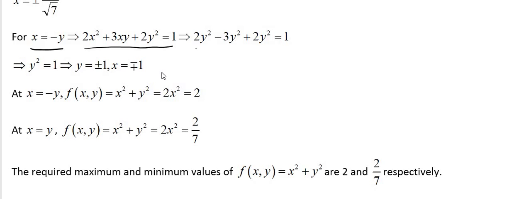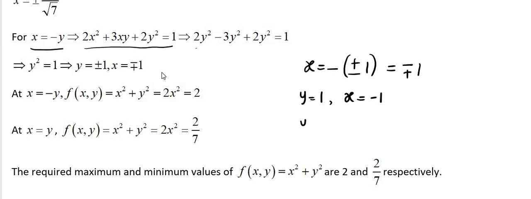RHS as it is, so y = ±1. Now I know the value of y. Substitute here x = −(±1), that means minus into plus is minus, minus into minus is plus. That means x = ∓1. So whenever y = 1, x = −1, and whenever y = −1, x = 1.